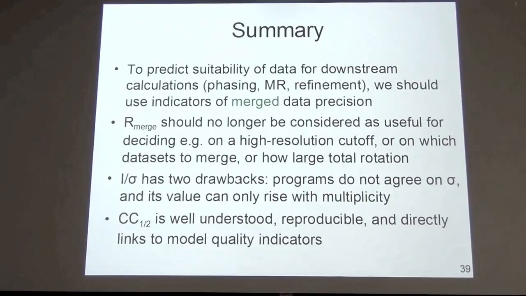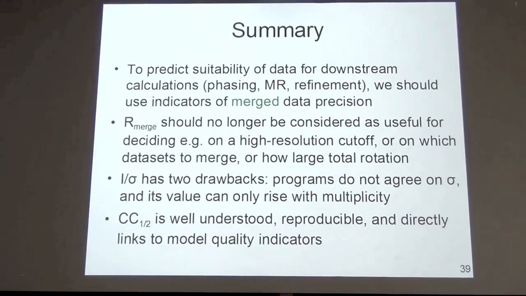I over sigma has two drawbacks. The second one I already explained, but the first one is that different data processing programs do not agree on the sigma values because they use different error models. And I think Diederichs nicely showed how you can account for different errors in your model, and that will strongly influence ultimately the error model.